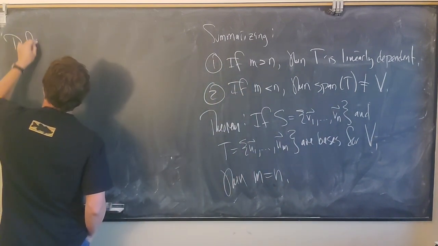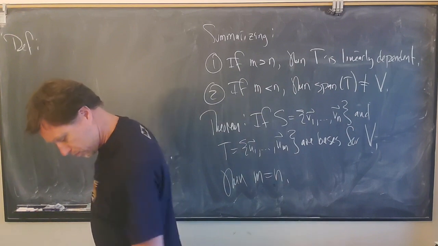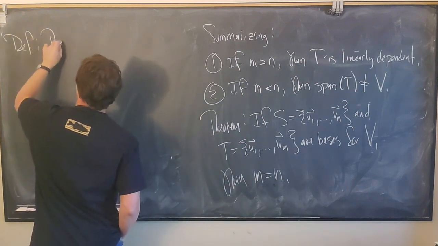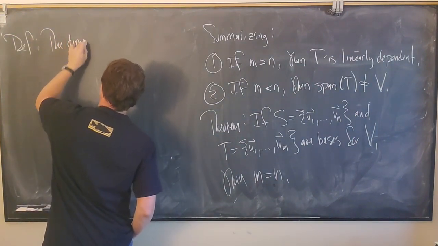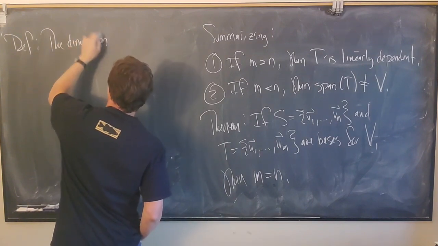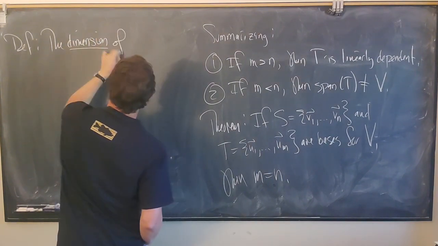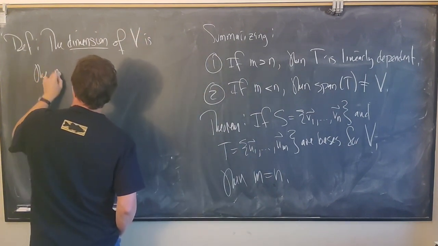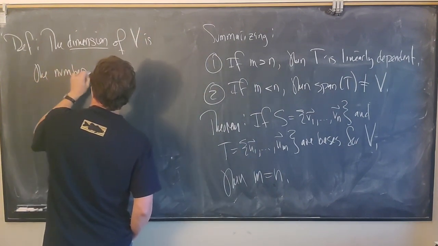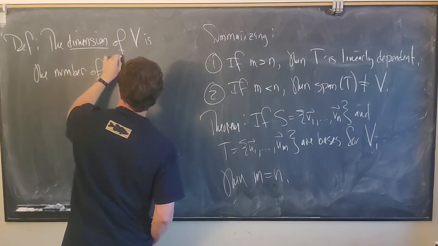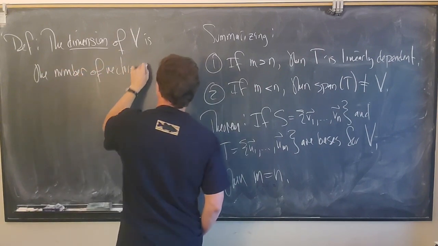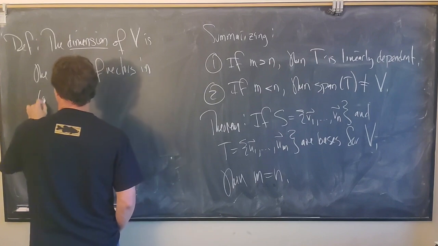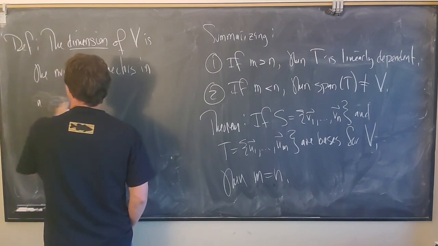So, the dimension of V is the number of vectors in a basis.